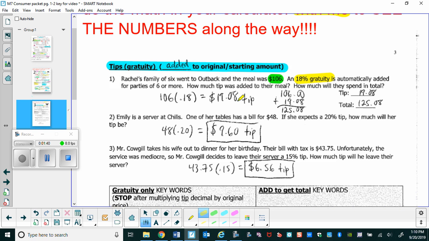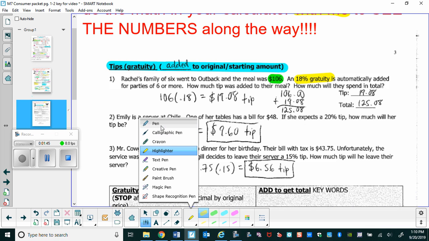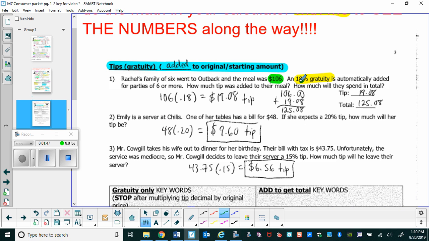And the way the calculation happens is it's that $106, and then when you take the 18% and make it a decimal, it's 0.18. So in your calculator, when you multiply 106 times 0.18, you're going to see that it's $19.08. That means that $19.08 was added into the cost of their meal, and the total price that they've spent at Outback is $125.08.